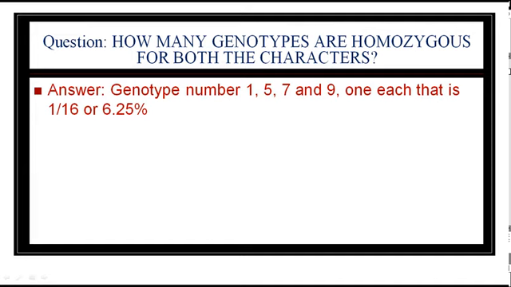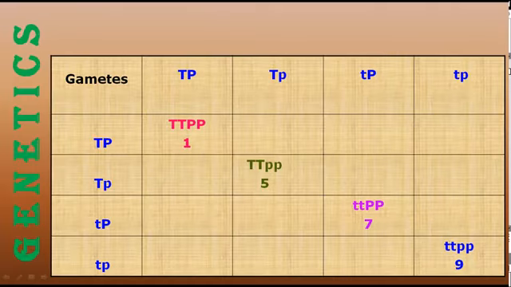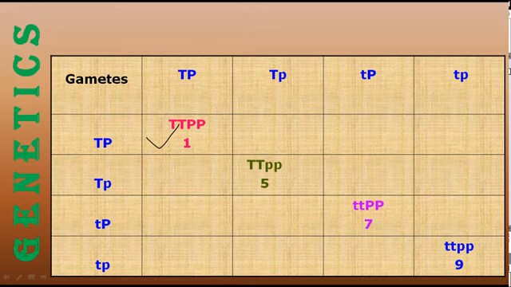The result 1 is for these 4 genotypes, and the individual value is 1 out of 16, that is 6.25%. If you find in the question that both characters are homozygous, the answer would be 1 by 16, that is 6.25%.